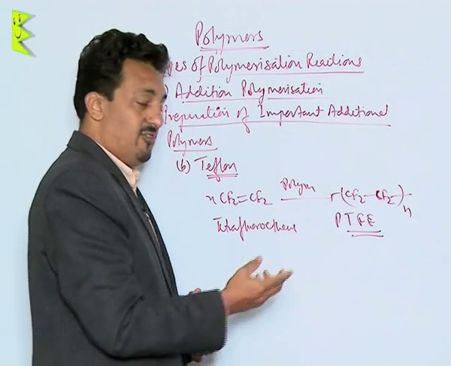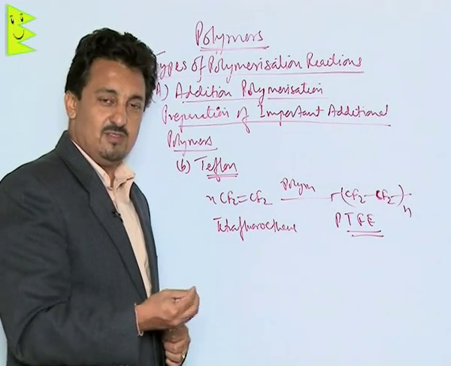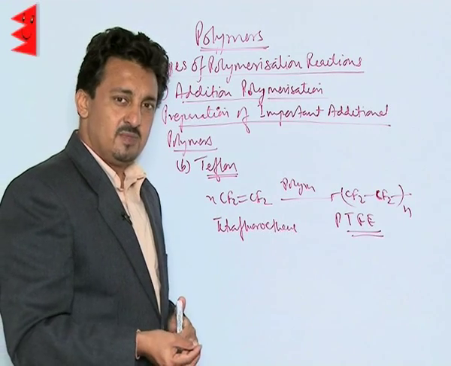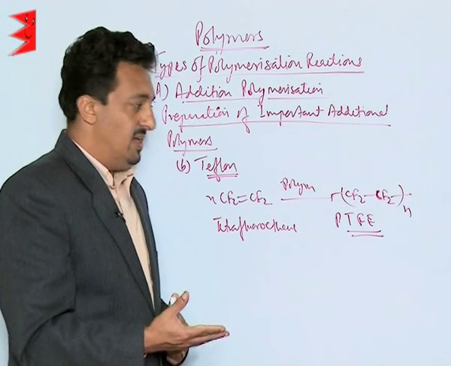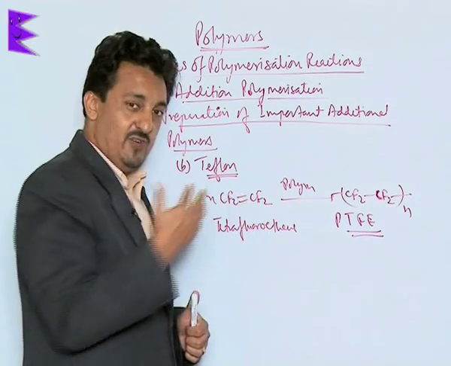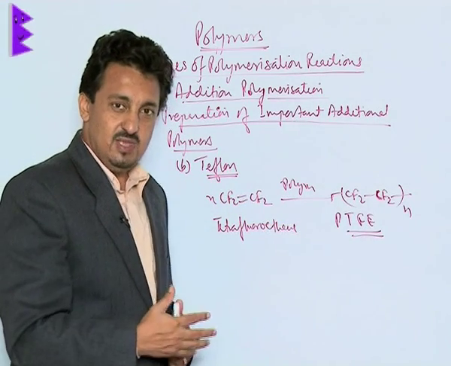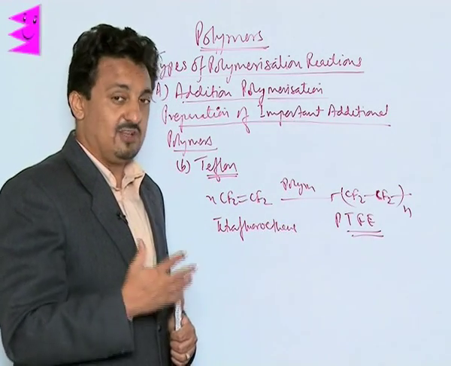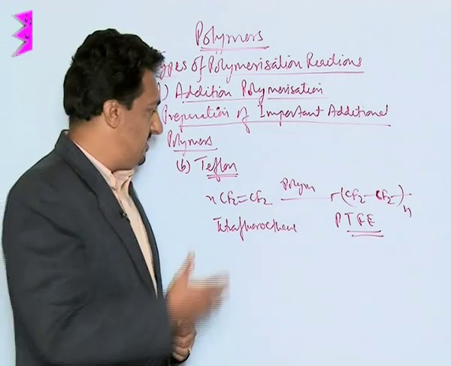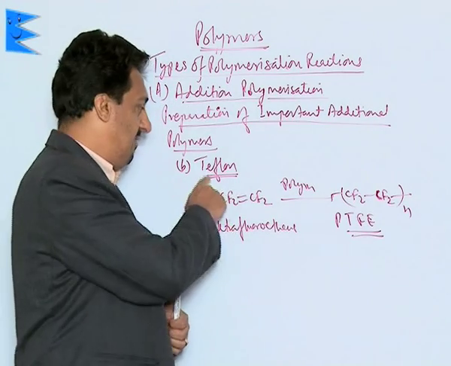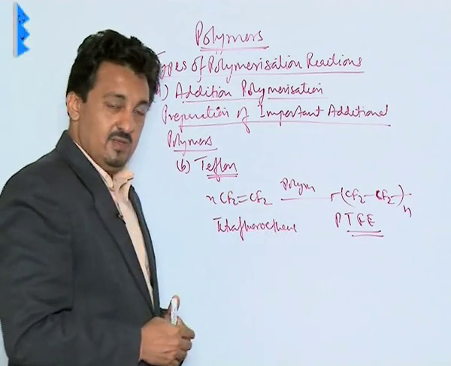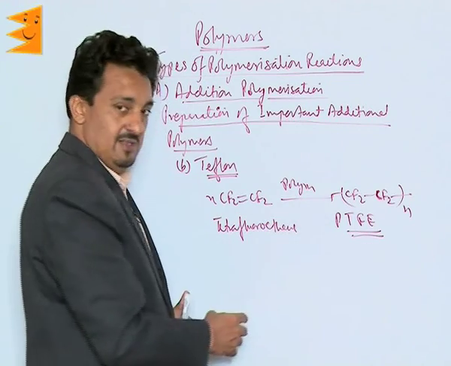Now this polymerization is done by free radical mechanism or in the presence of persulfate catalysts under high pressure, and the polymer obtained is very resistant to all the reagents. That is why it is used in making non-stick cookware. So this is what we have, Teflon, tetrafluoroethylene polymer. So we call it polytetrafluoroethylene.